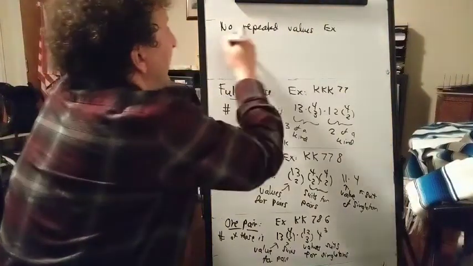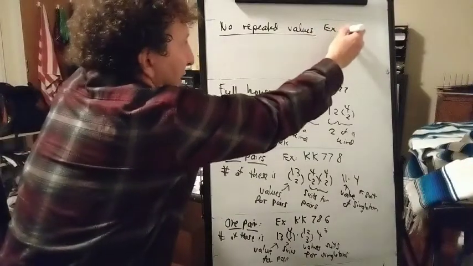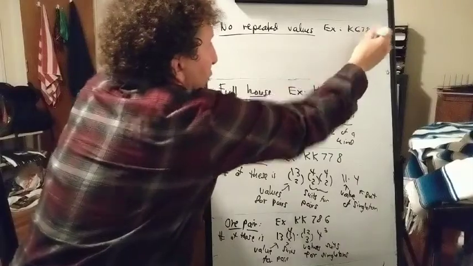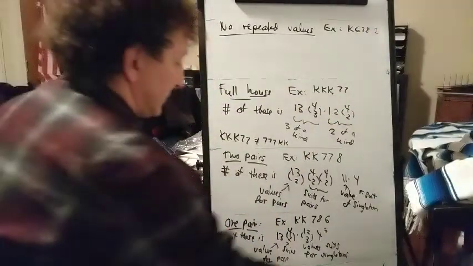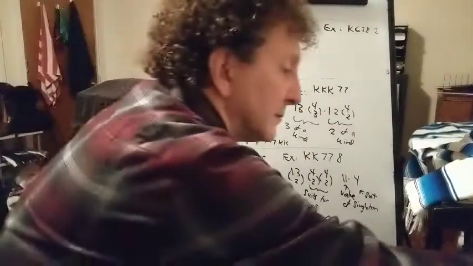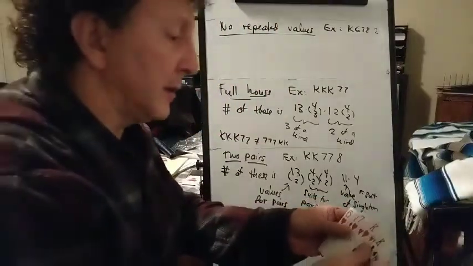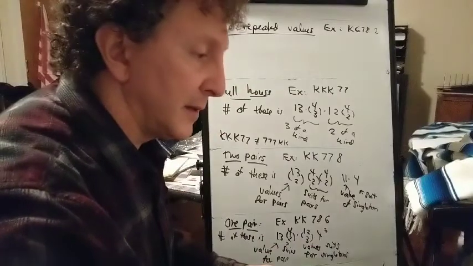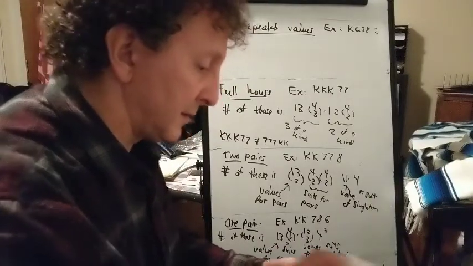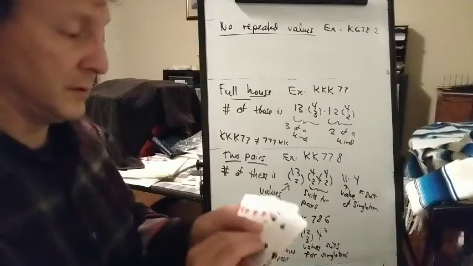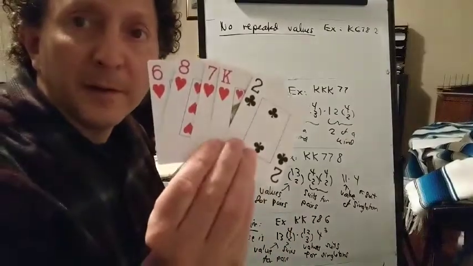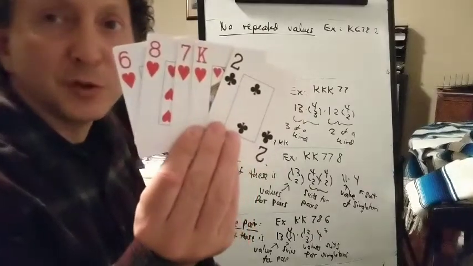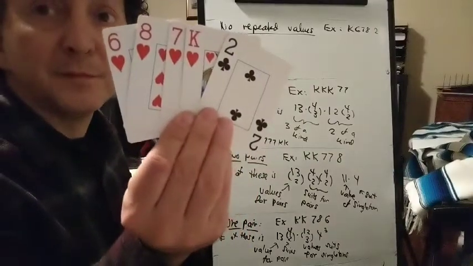So you could have a hand with, let's say, no repeated values. An example would be king, 6, 7, 8, 2. So this poker hand doesn't have any values repeated, so it's not worth anything special.